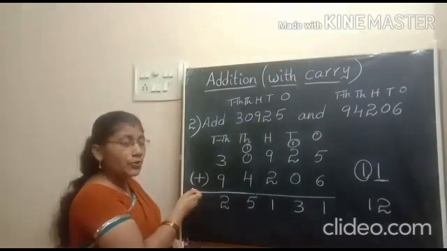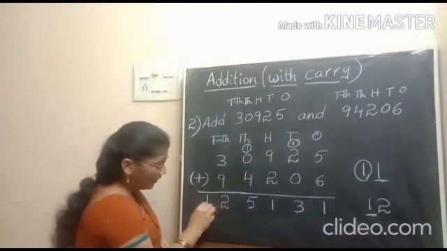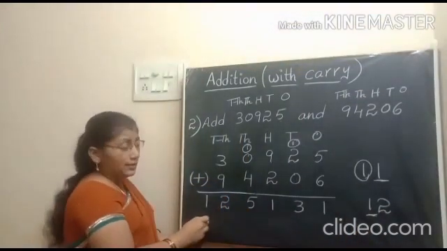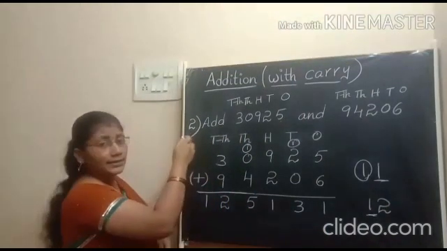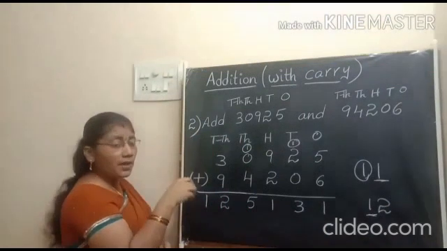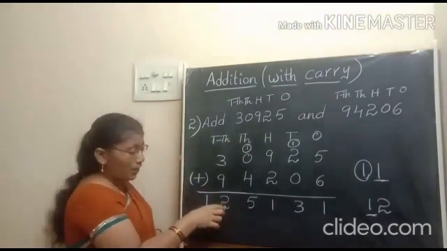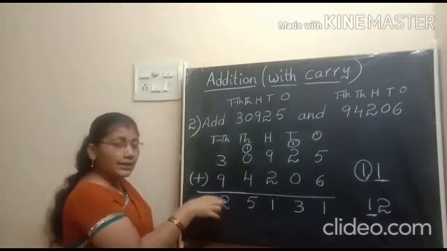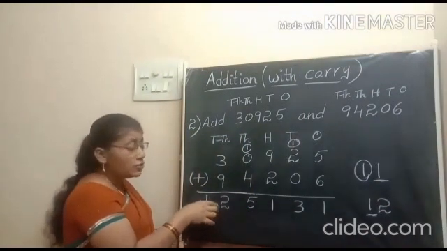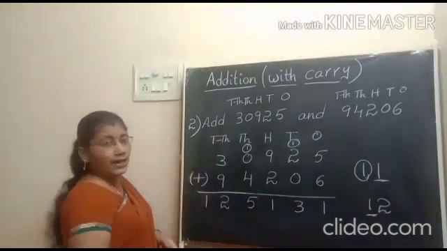No. So we should write the leftmost digit also here. Understood, children? Here nothing to add. Here there is no column to add. That's why we are writing the 2 digits here only. 1, 2, 12. We are writing here only. There is no need to pass the left side digit anywhere as carry.